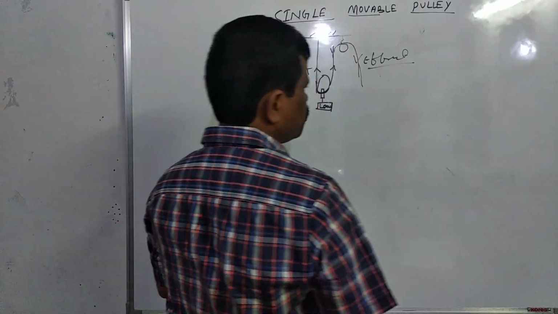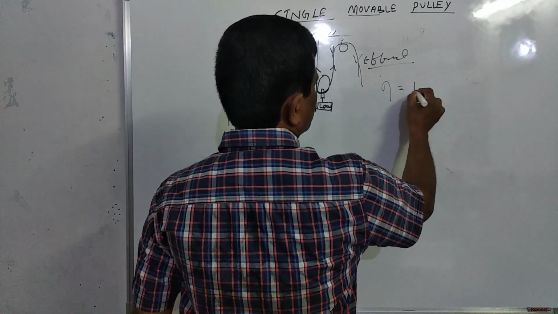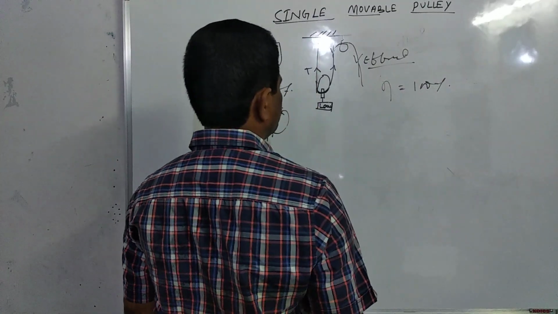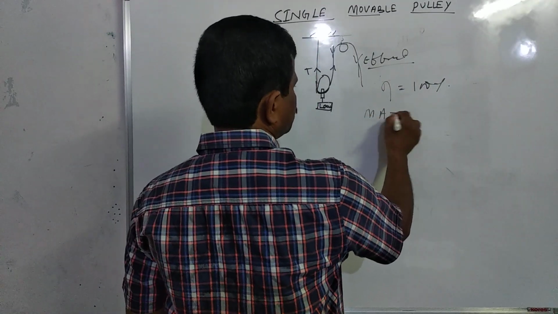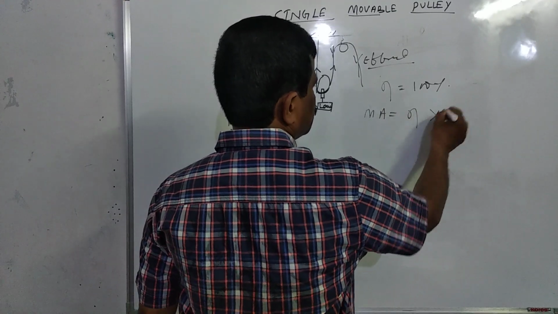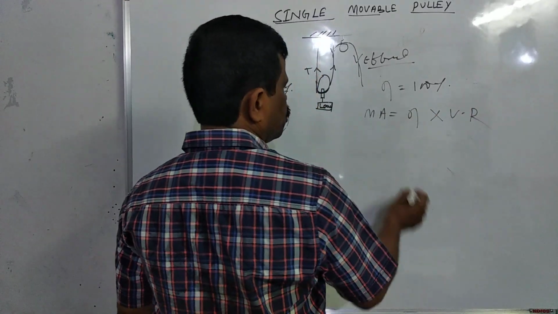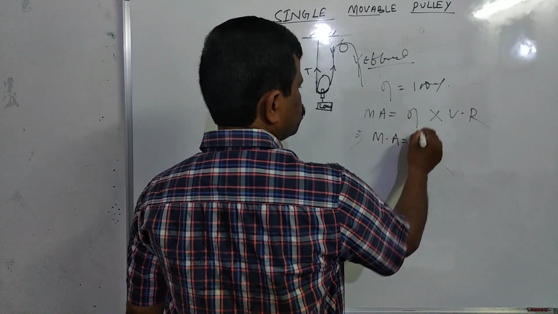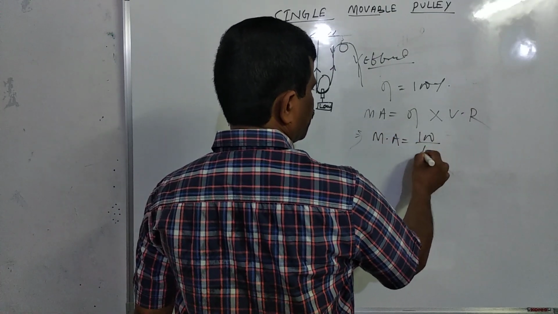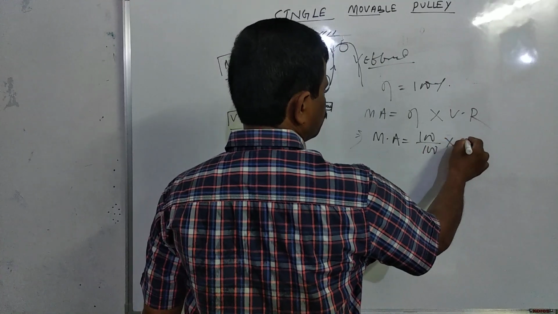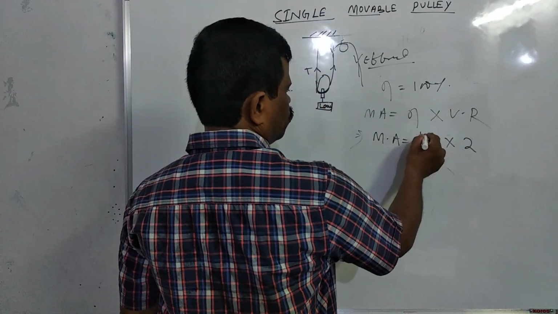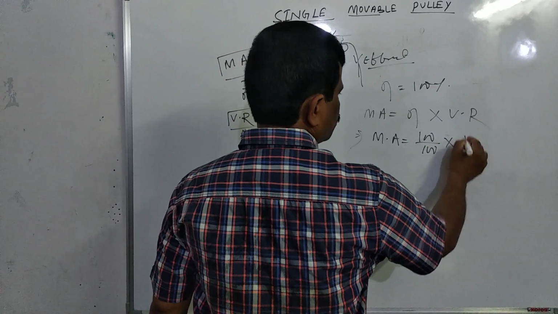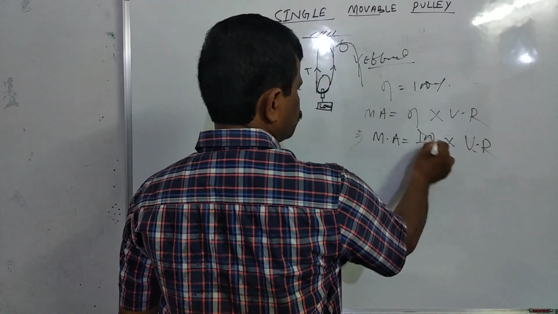Suppose the efficiency is 100%. Then mechanical advantage is equal to efficiency into velocity ratio. So mechanical advantage is equal to 100 divided by 100 into velocity ratio 2. So this cancels.